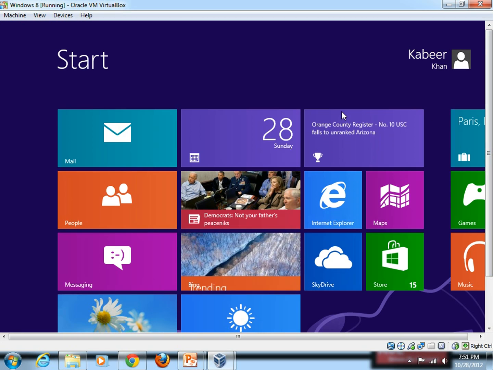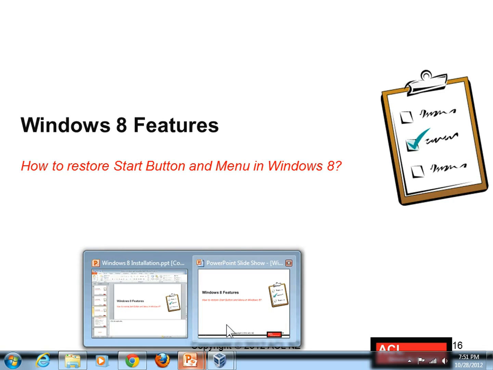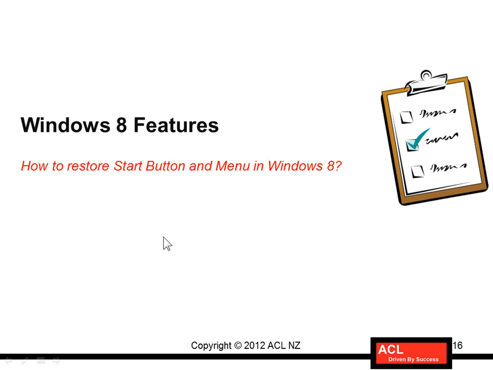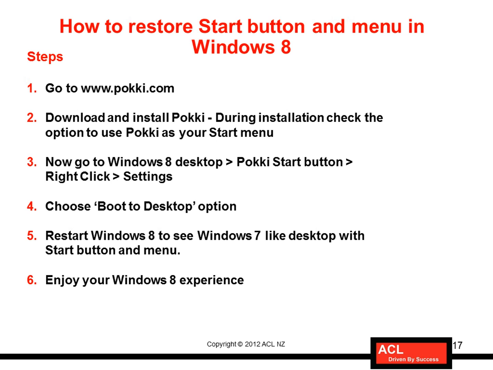So in order to do that, let me just go back to the presentation. I've written a couple of steps out there that we'll go through, and then we come back to Windows 8 to execute those steps to bring the start button. There is a third-party application which is being offered by www.poki.com. So you need to first go to this website, and download and install the Poki application.